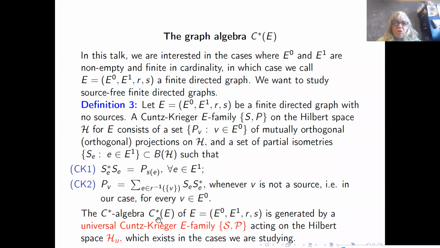And then the actual graph algebra is generated by what we call a universal Cuntz-Krieger E family, acting on some universal Hilbert space that satisfy the same conditions, but such that whenever you have any representation of the graph algebra, it factors through these universal generators for the edges and generators of projections corresponding to the vertices.